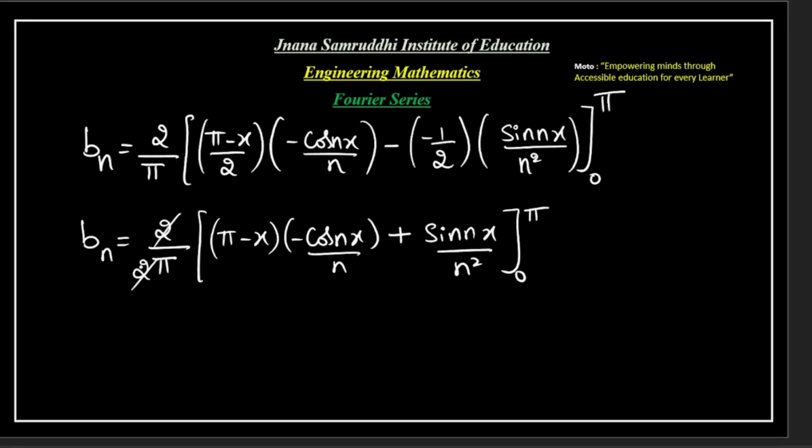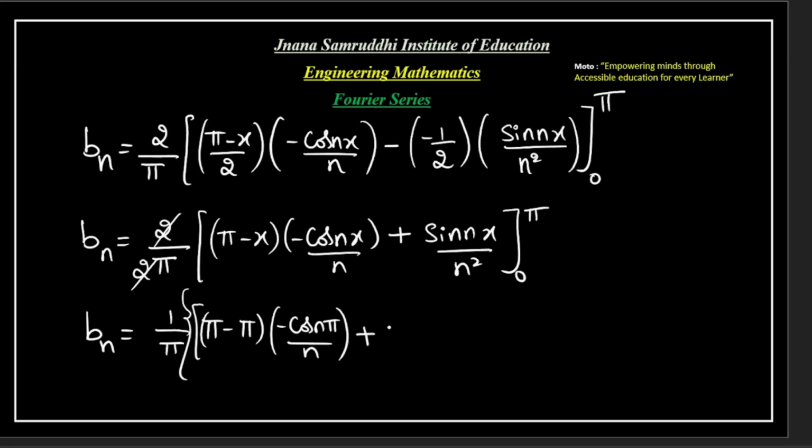So on this, the remaining will be Bn equals 1 by pi. Now we need to apply the upper limit minus lower limit. For the whole term, we'll apply the upper limit, and then the lower limit. Wherever you find x, replace with the limit. Here the upper limit is pi minus pi, minus cos n pi by n plus sin n pi by n square. This term is upper limit minus lower limit.